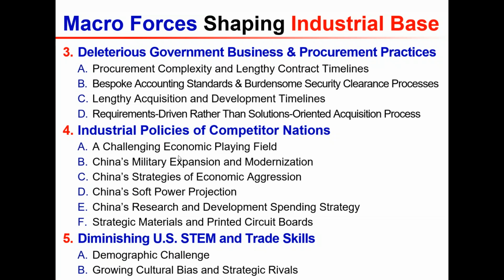Also, C, China's strategy of economic aggression. Broadly speaking, when it competes economically, and we'll see examples of this in our case studies, they are very aggressive, whether it be forced technology transfer, intellectual property issues, tariffs, or other non-tariff barriers. China in particular is very aggressive in its economic policies. Then, China's soft power projection. What does this mean?